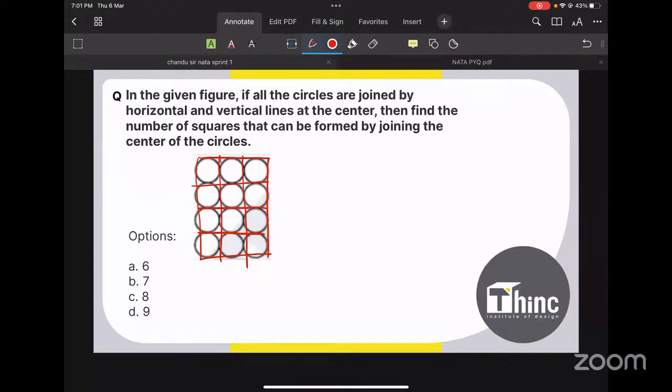This is the common error which students make because they didn't read the question well. If all the circles are joined by horizontal and vertical lines at the center, so centers are important. So I will just redraw that figure outside.